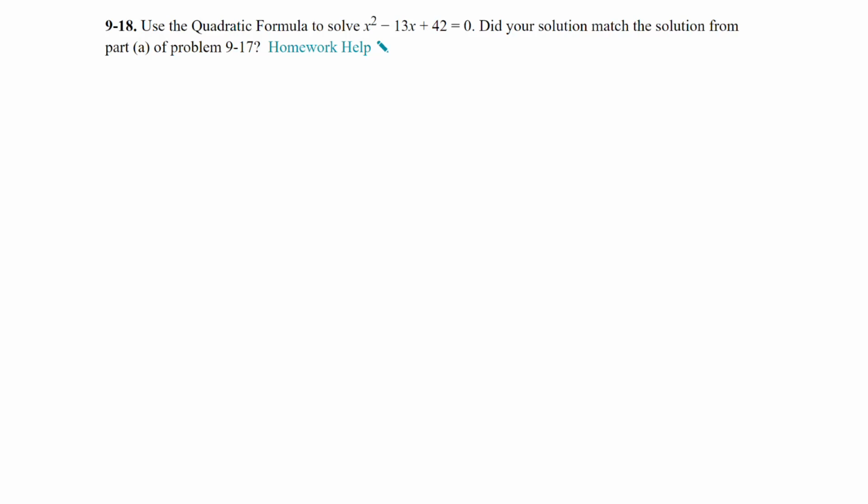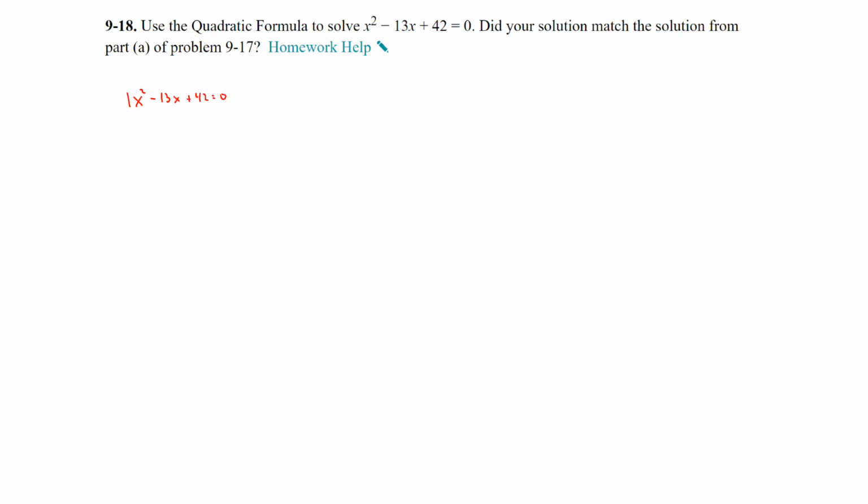Question 18. Use the quadratic formula to solve x squared minus 13x plus 42 equals 0. Did your solution match the solution from part A of 9-17? So this is the same question from the previous problem, but we're just going to solve it a different way. So we have x squared, and that's a 1x squared, minus 13x plus 42 is equal to 0.